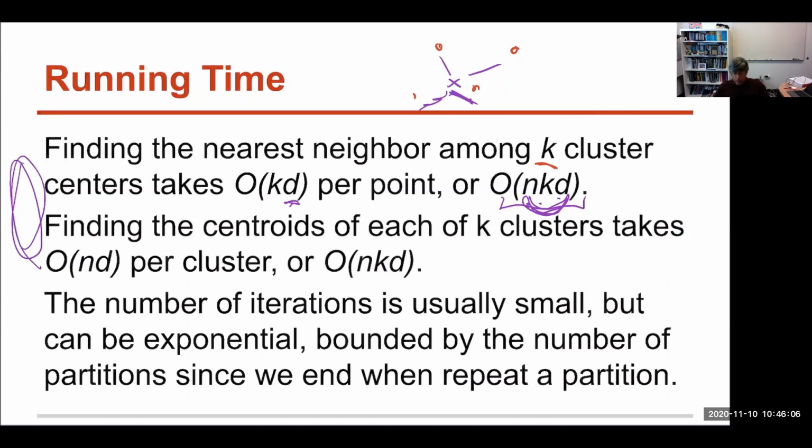The number of iterations can, if you're very, very unlucky, be exponential in n. But generally speaking, the number of iterations is small until it converges, or we can stop whenever we want. And so if we run a small number of iterations and use a modest number of cluster centers, k-means is actually very fast and generally pretty good. Any questions about that?